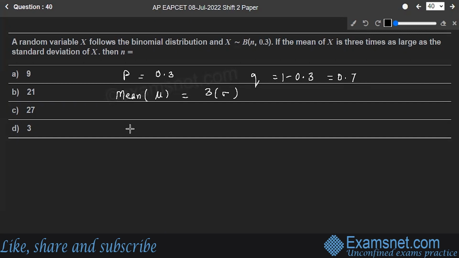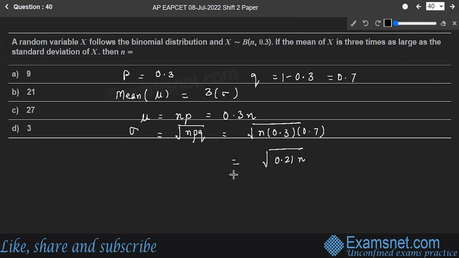Mu is also equal to np, that is equal to 0.3 n. Also, standard deviation can be given by root of npq. So this is given by root of n into 0.3 into 0.7, which will be equal to root of 0.21 into n.